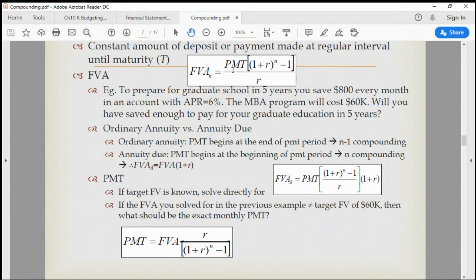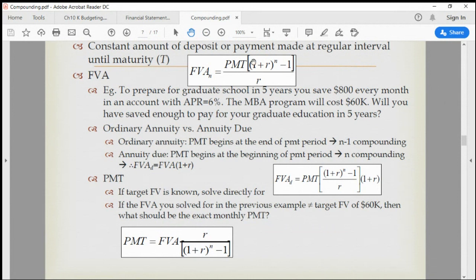If you're making a deposit, if you are saving money, that's deposit. And if you have borrowed money and are paying back, that's payment. So it's just the same thing from a different standpoint.